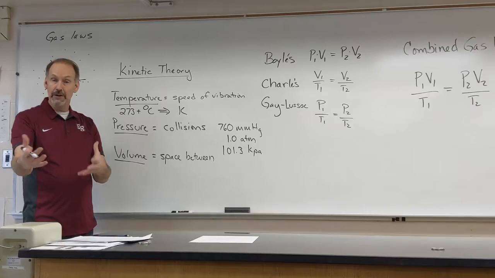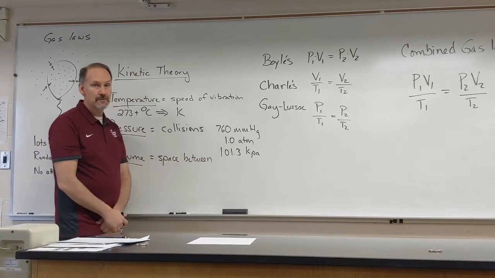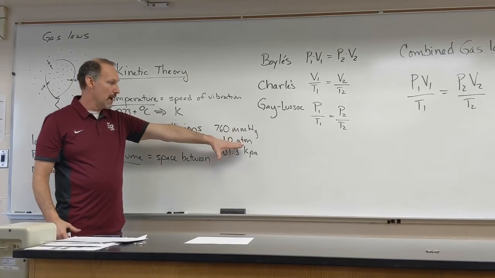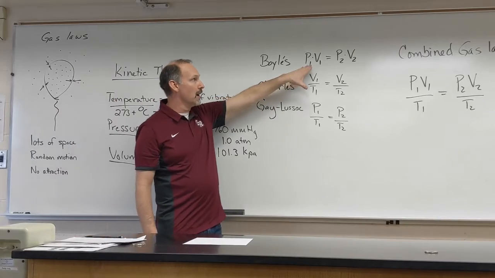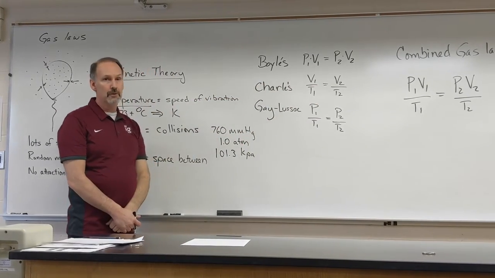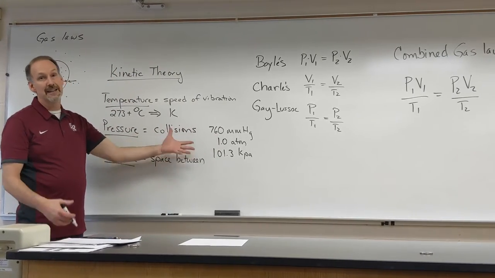Our book that we now have likes to use millimeters of mercury and atmospheres. But the nice thing is, no matter which one they use, if they give you millimeters or atmospheres, whatever answer you get for that pressure is the unit you put after your number, okay?